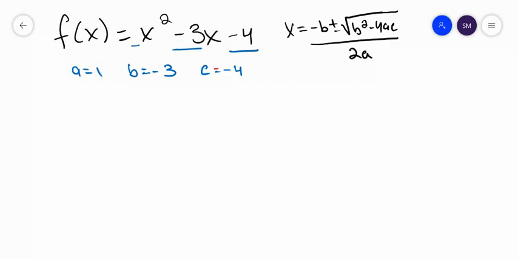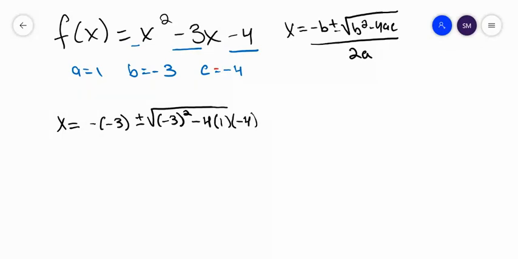So for this function, I'm going to plug in my a, b, and c values. I'll have that the x-intercepts are equal to my b, -3, plus or minus the square root of -3 squared, that's my b squared, minus 4 times my a is 1 times my c is -4, all over 2 times my a is 1.